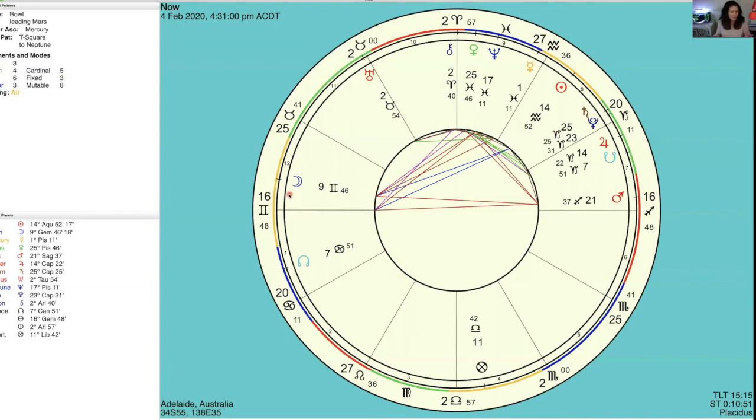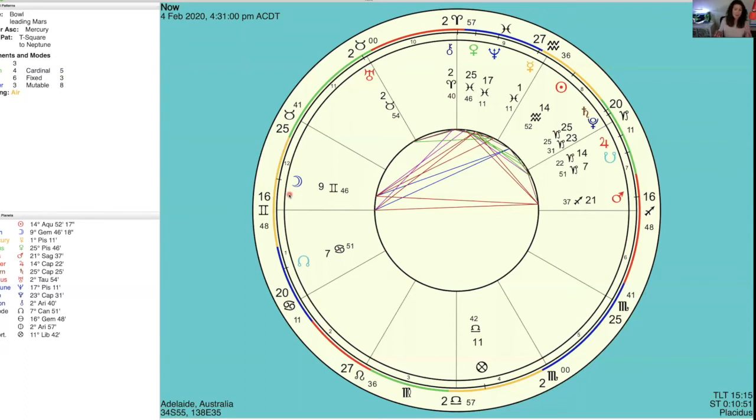So an astrologer writing a horoscope for Gemini would be talking about activity related to Mars in their 7th house, whereas an astrologer writing a horoscope for Sagittarius might be writing about activity around things that pertain to the 12th house.